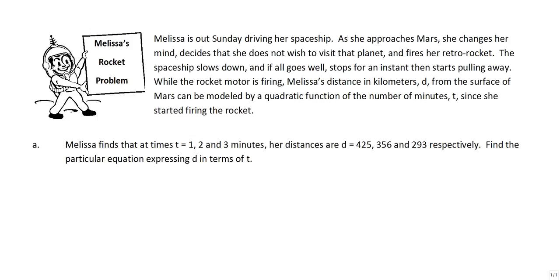Note that it says that her distance is modeled in D kilometers as the distance from the surface of Mars, and T in minutes, since she started firing her rocket.